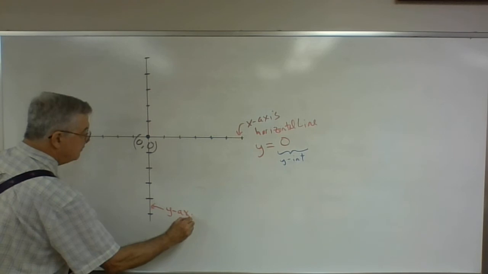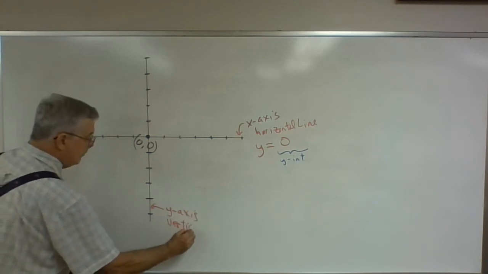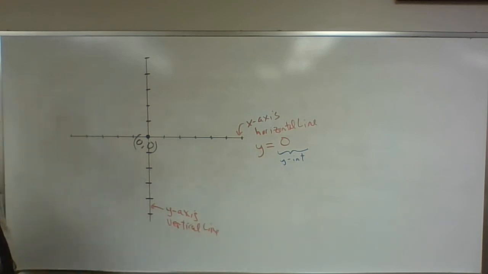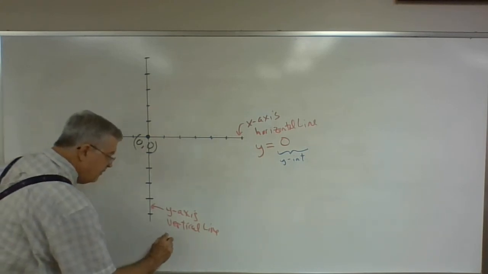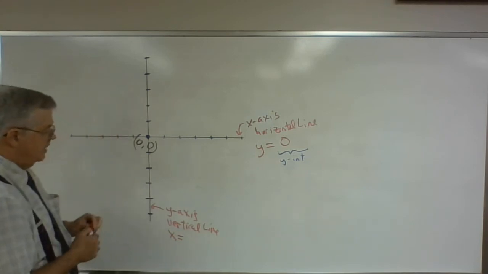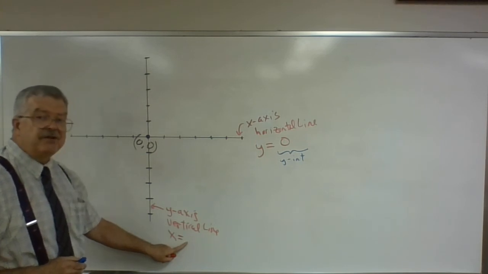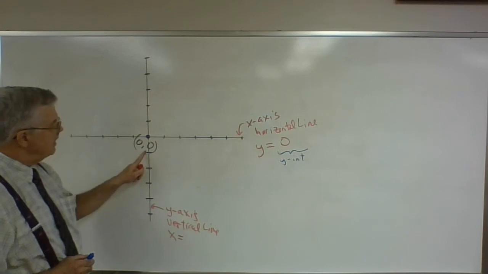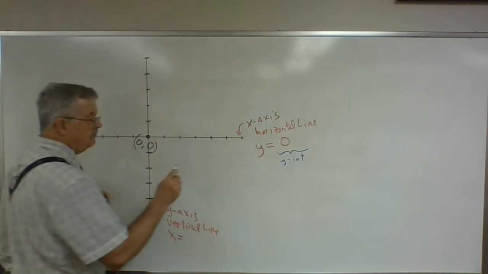Now, if we can do that with the x-axis, we can do something like that with the y-axis also. Here's the y-axis, and it's a vertical line. And every vertical line is of the form x equals some number. As a matter of fact, it's x equal the x-intercept. So where does this vertical line intersect the x-axis?